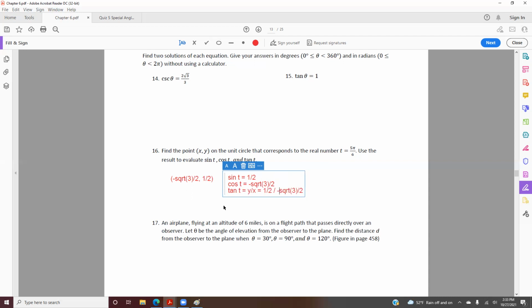And you guys know what happens when the 2 and 2 get canceled. So what you have is negative 1 over square root of 3. And you need to rationalize this, don't forget. I know your homework does not need to, but I will tell you, in the test I do want you to rationalize. So for tangent t in this case will be negative square root of 3 over 3.